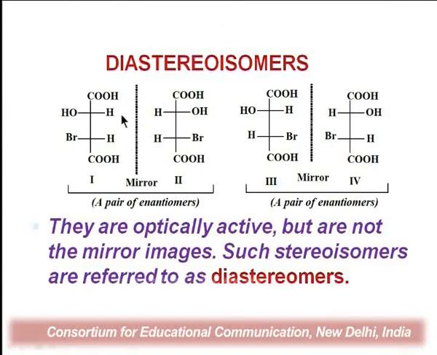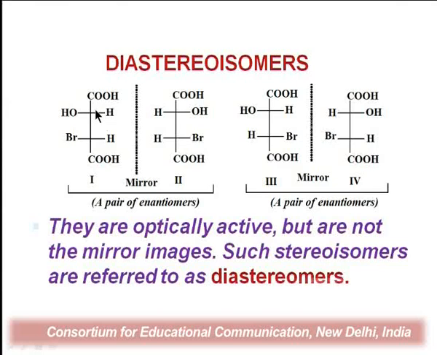One chiral carbon is attached to 4 different groups, OH, COOH, H, and this group is different here. The 4 groups are different. Similarly, this chiral carbon is attached to 4 different groups, Br, H, COOH, and C. This is the 4th different group. That means these 2 carbon atoms are chiral since they are attached to 4 different groups.